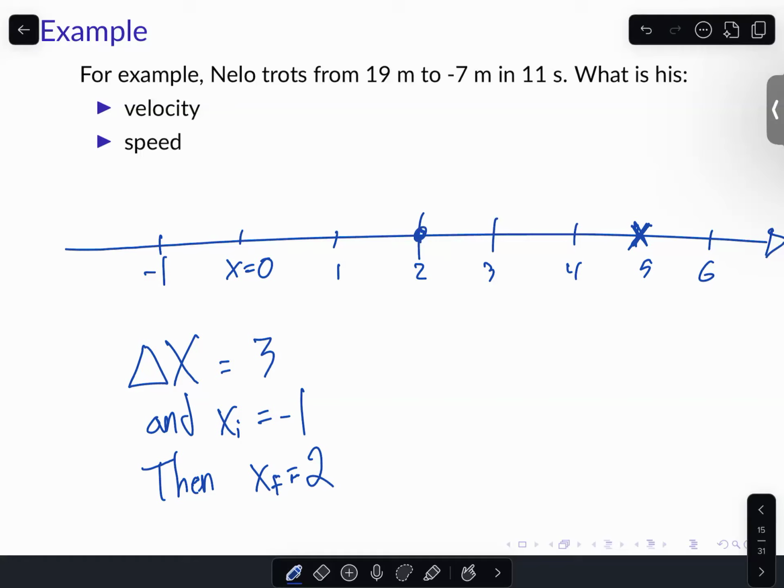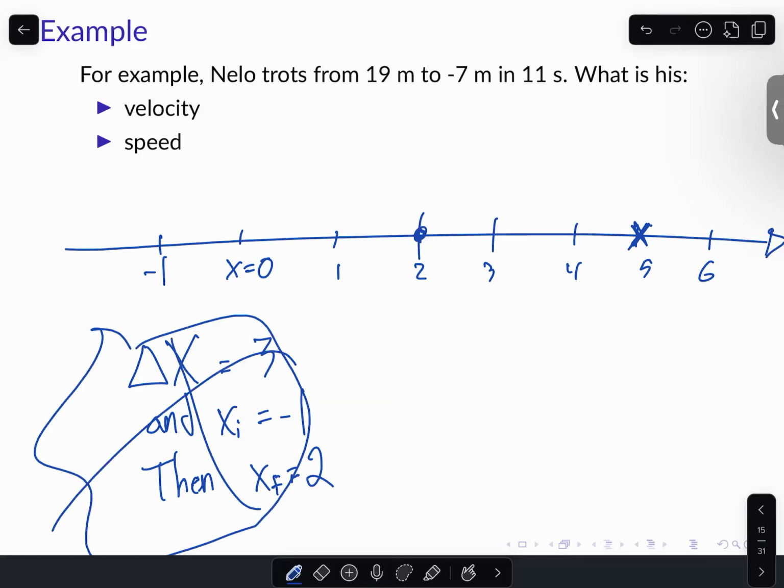I start at 2, end at 5. Google form: if I start at 2 and end at 5, what's my displacement? It is not 5.